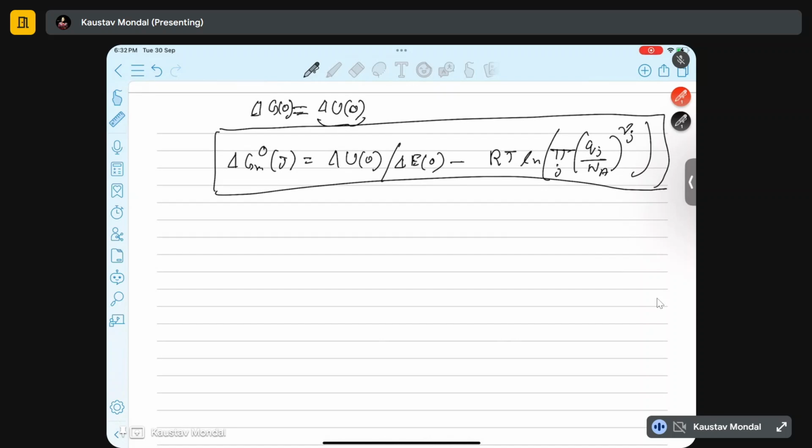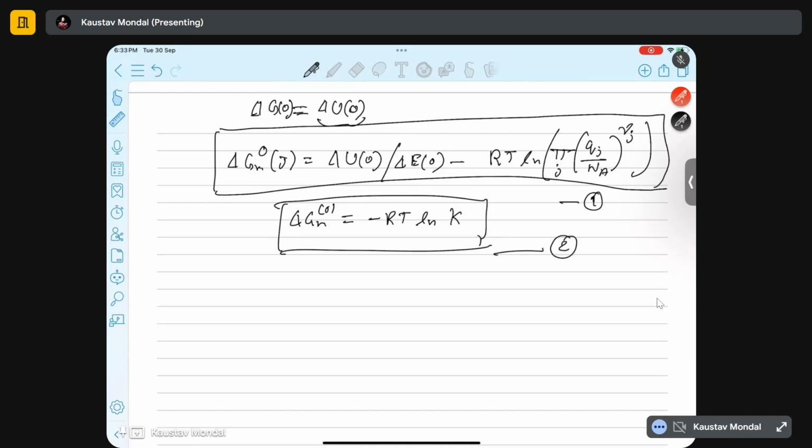We have this, and you also have this: Gm0 equal to minus RT log K. Let's name this equation 1, and this equation 2.